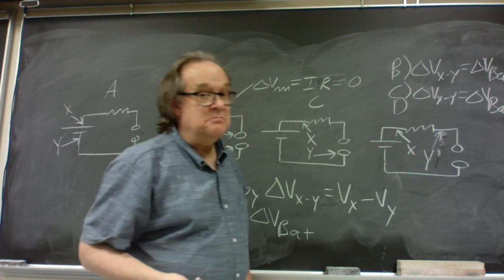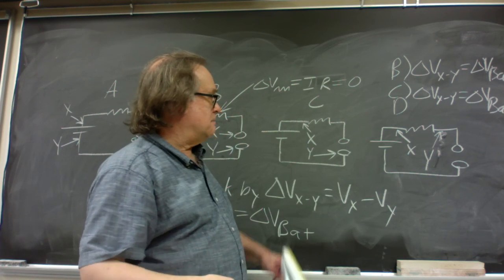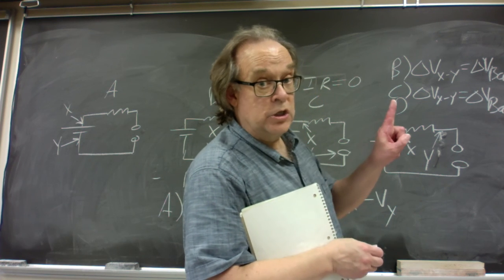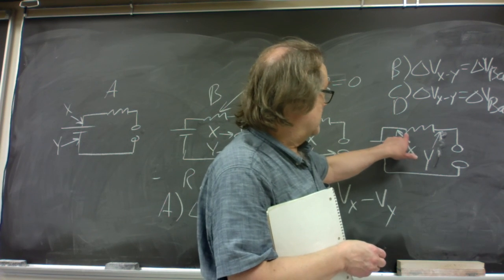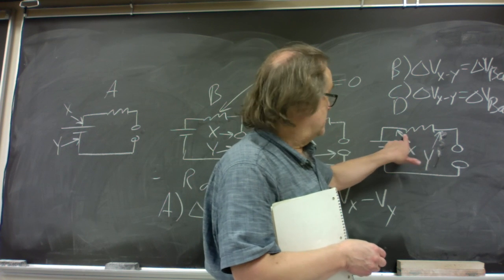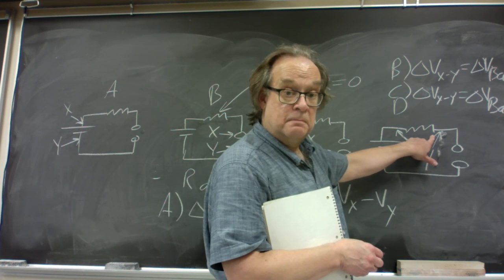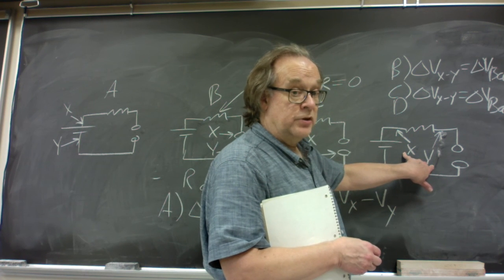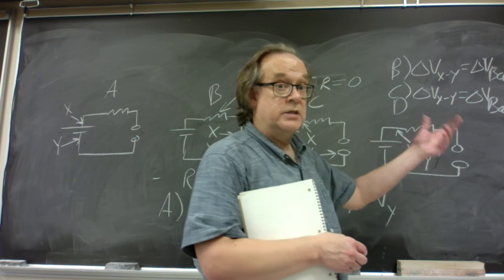And then D, D is going to come out exactly the same. Well, no, actually, D is the one that's going to be different, because remember, there's no current here, so there's no potential difference between these 2 points. So in this case, for D, the potential difference between point X and point Y is 0.